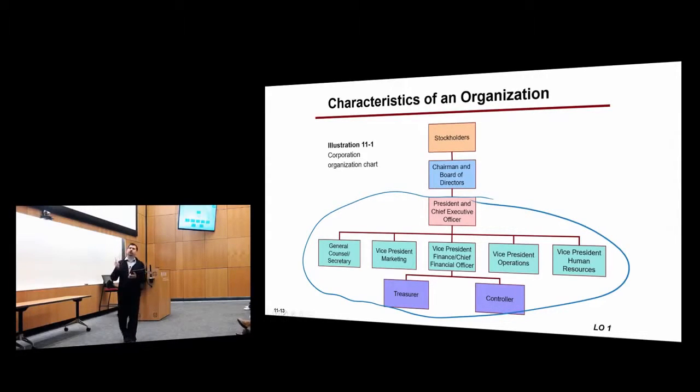The controller would prepare the financial statements, and make sure that financial accounting numbers are correct. They make sure that they are complying with internal controls, etc. The treasurer is the one who actually keeps custody of the company's assets.